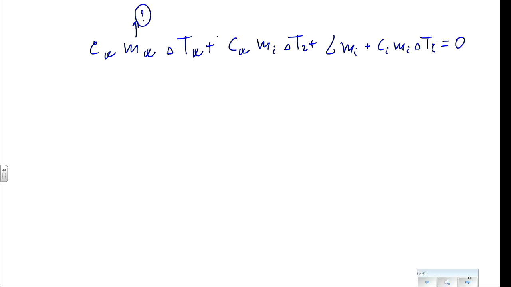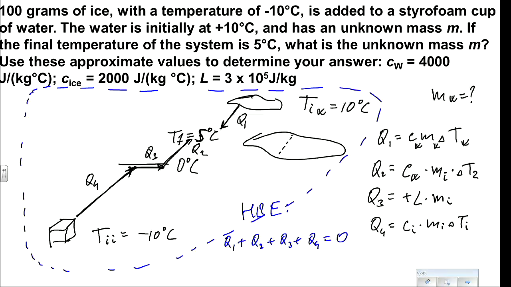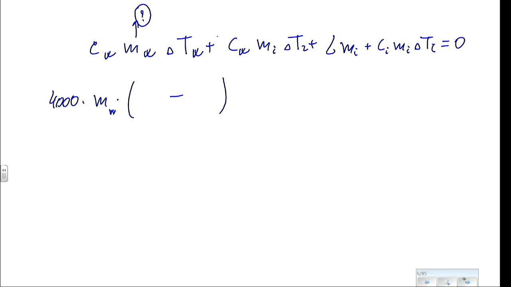In numbers, okay, so this is 4,000 times what we're looking for, times, it's always final minus initial water. So final is 5, initial was 10, 5 minus 10. Plus water.